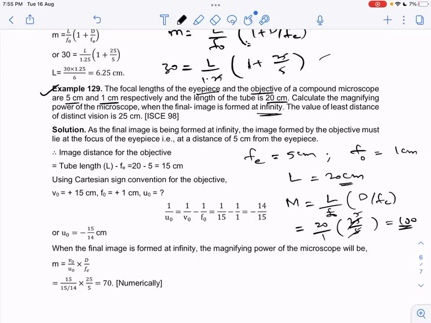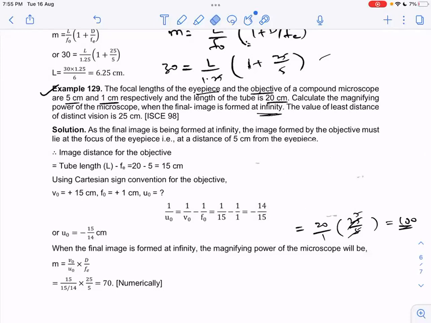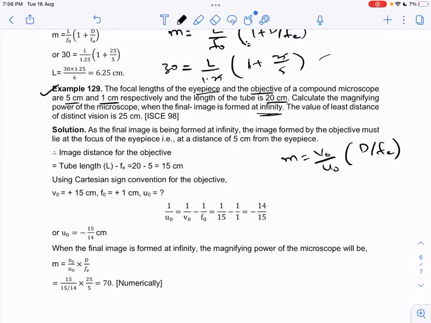When the final image is formed at infinity, magnifying power will be V naught divided by U naught into D divided by Fe. So how to calculate V naught?